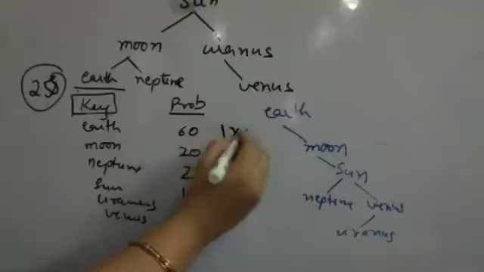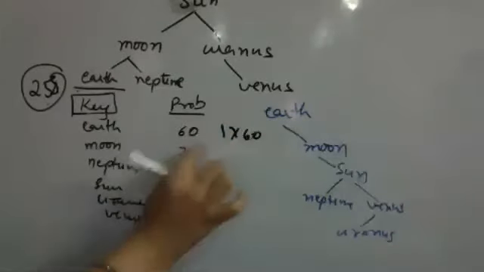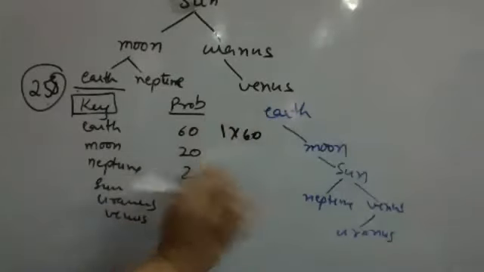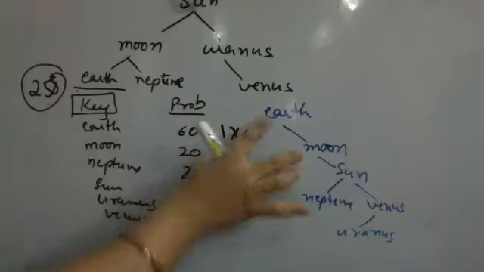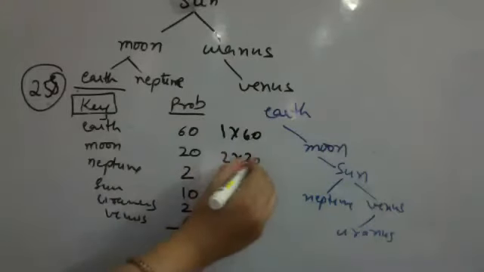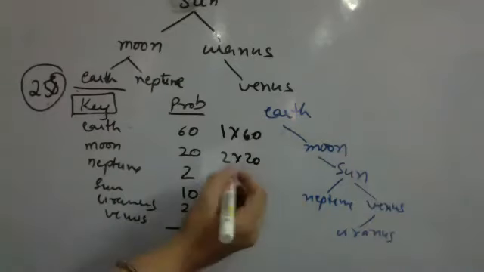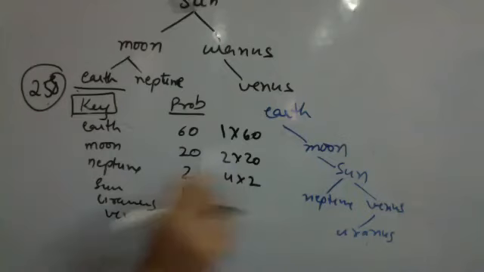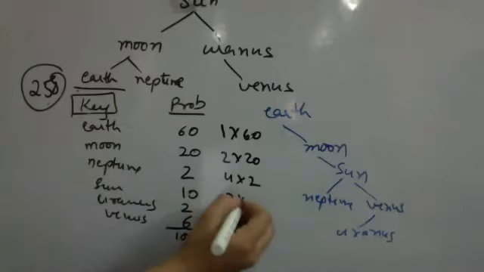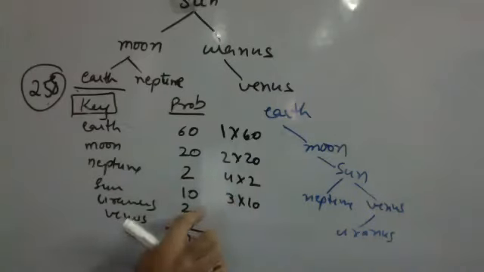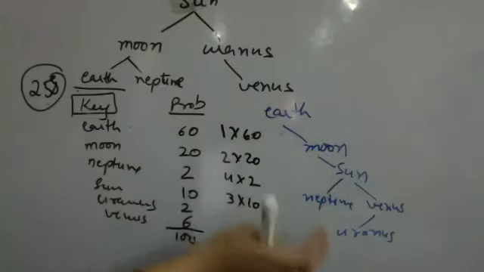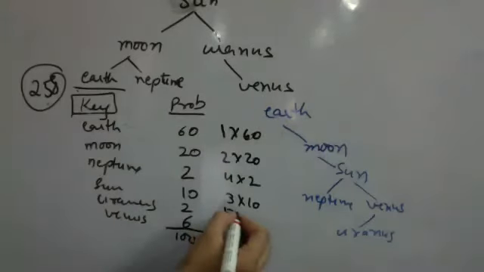This is 1 into 60. The level of Earth is now 1. Then for Moon, 2 searches are required. It is 2 into 20. Next, for Neptune, 1, 2, 3, 4 are required. 4 into 2. For Sun, 3 are required. 3 into 10. For Uranus, you will require 1, 2, 3, 4, and 5. So 5 into 2.